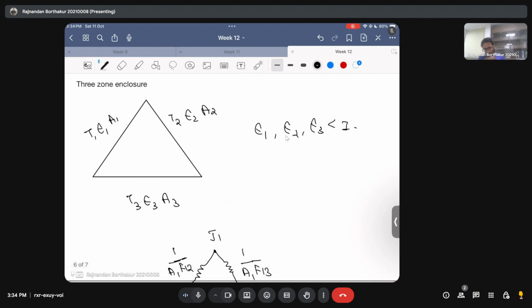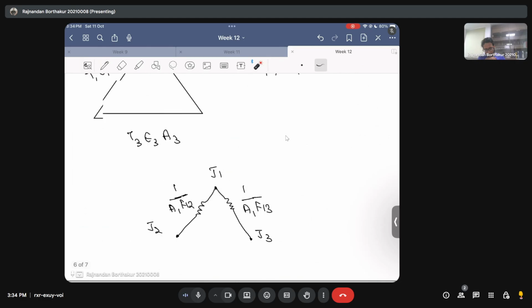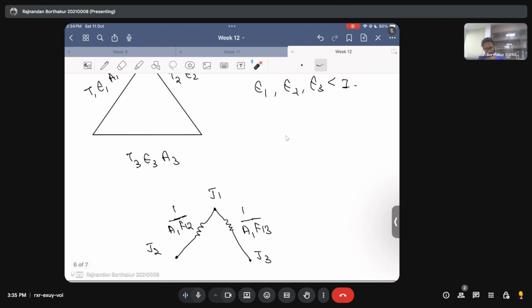So what we did, if I repeat, is pick any of these surfaces, for instance surface 1, and the space resistance that can arise from surface 1 can be with surface 2 and with surface 3. The space resistance between surface 1 and 2 is 1 by A1 times F12, and so it is between 1 and 3.